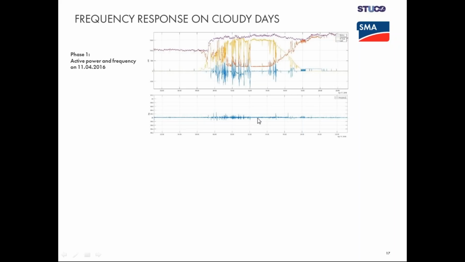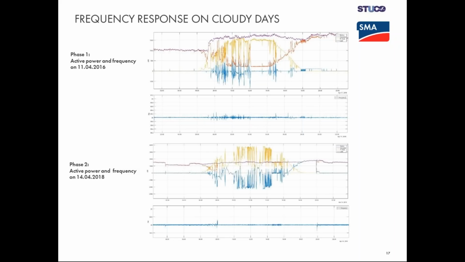Now I show you the same graphs for phase 2. So 2 years later, again in April, again a cloudy day. And you will see that the frequency here is pretty flat. It's really flat. I show you a zoom in the next slide.